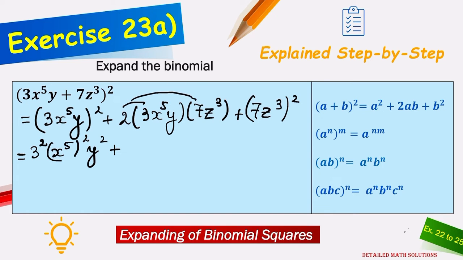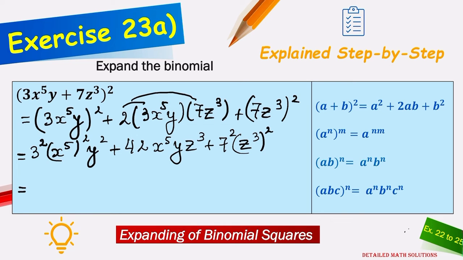So 2 times 3 times 7 is 42. And then the factors that are left are x to the fifth y z cubed, plus then we have 7 squared z cubed squared.